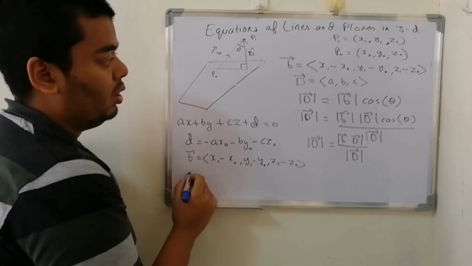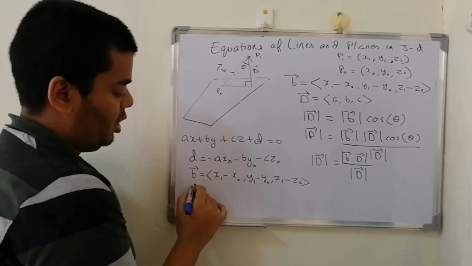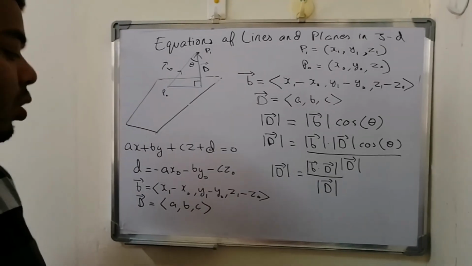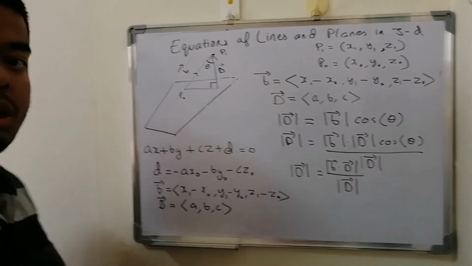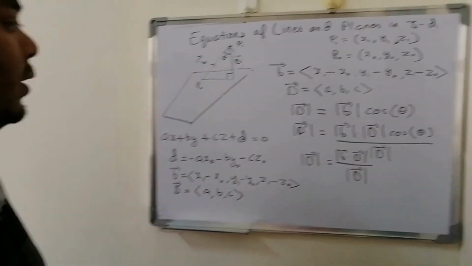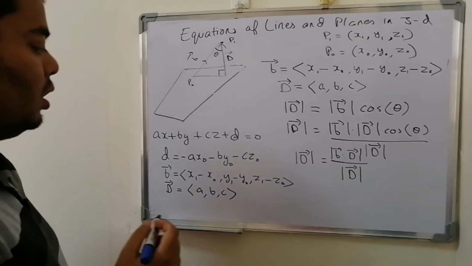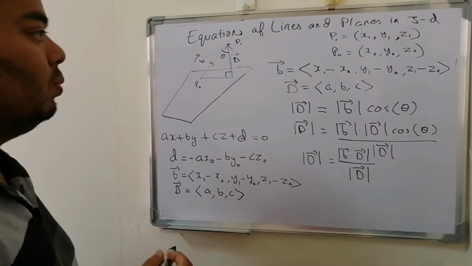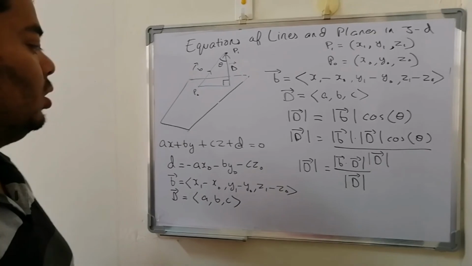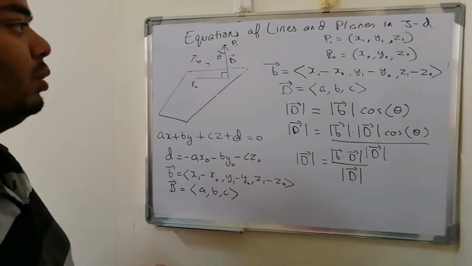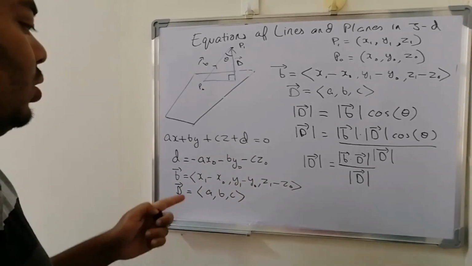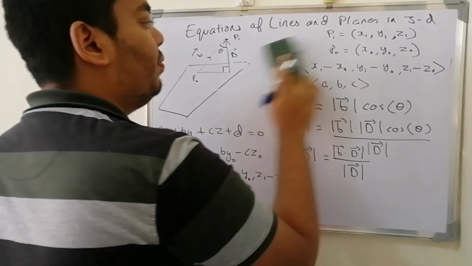And this is the vector D. We don't need to mention the points P1, P0. Okay, so let's do this right here.